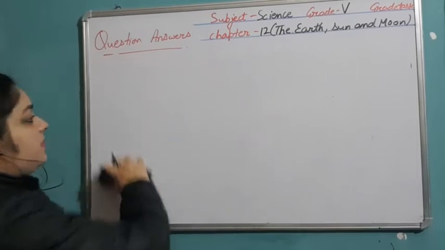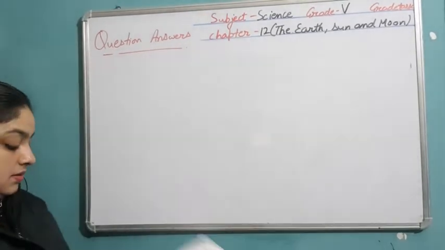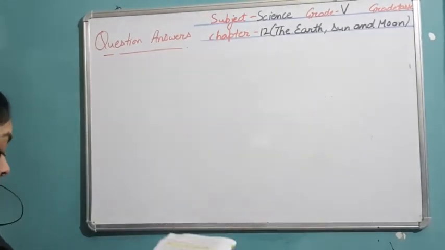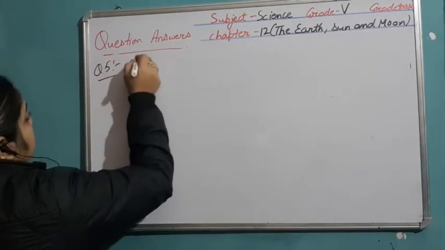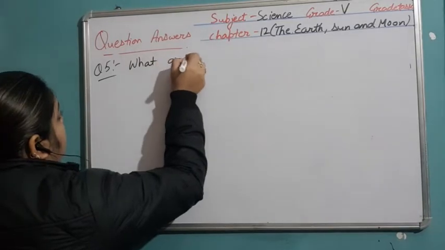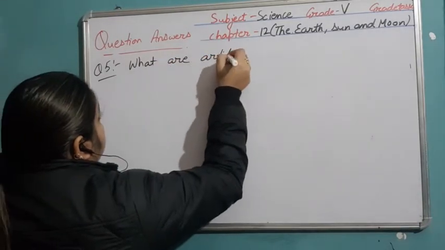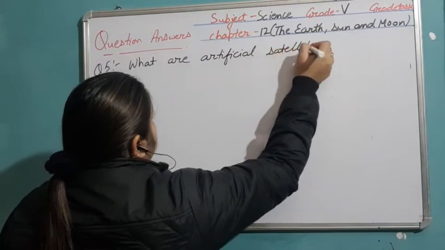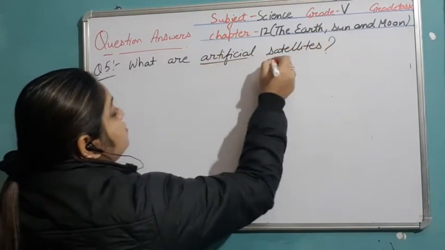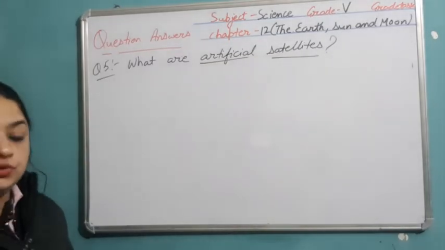Now question number 5. Question number 5 is, what are artificial satellites? This term is formed by a combination of two words.